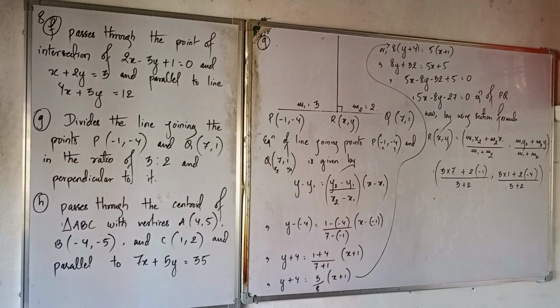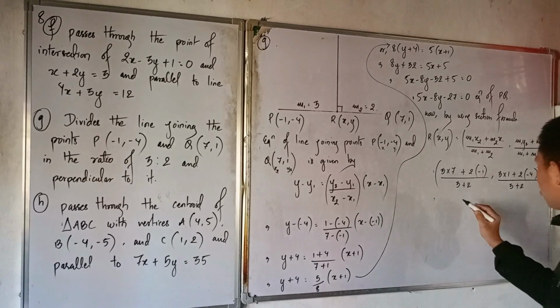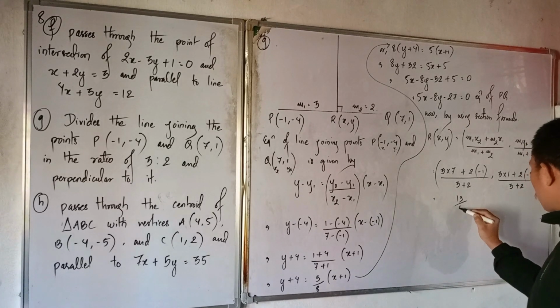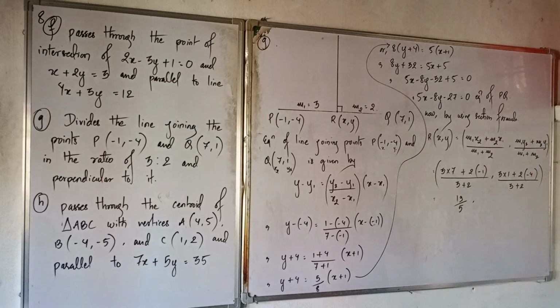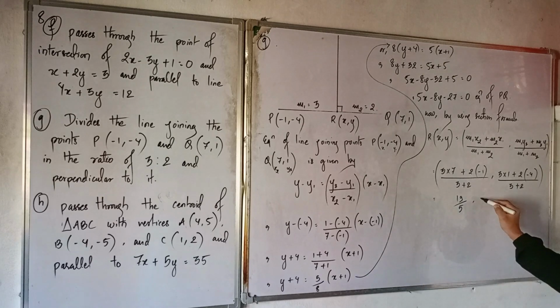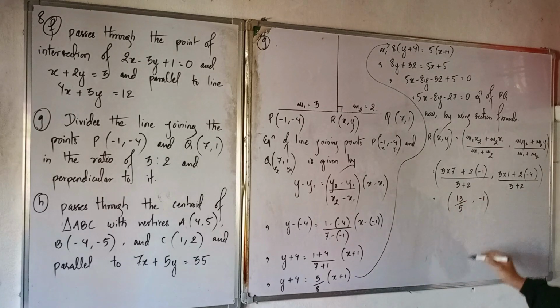That will be faster. Okay, here will be 19 by 5, and another will be 3 minus 2 plus 8, another will be minus y or minus 1.